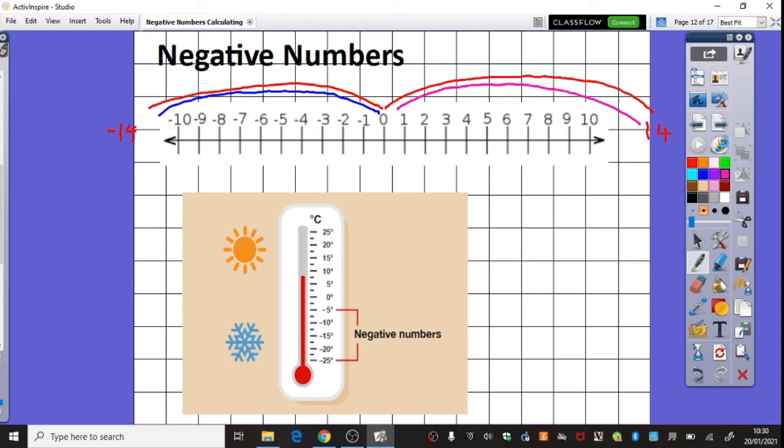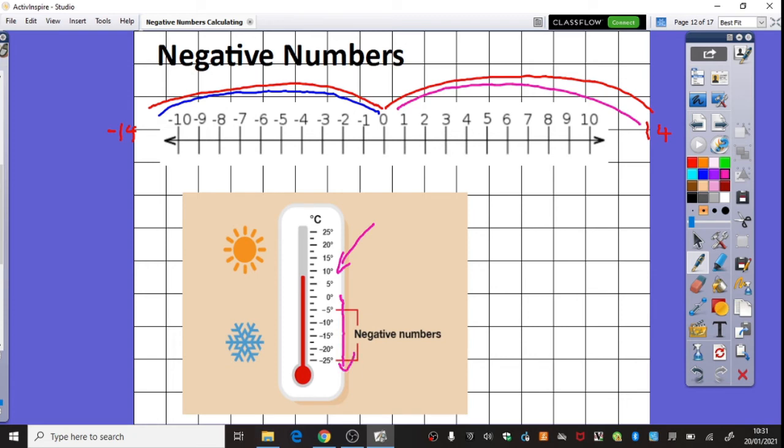We can see that on these two types of number lines. We've got a standard number line that we usually work with in maths, and we've got this thermometer that's often used when we are measuring temperatures. We can see the further away from 0 those negative numbers are, the colder it will be, the smaller the number will be.